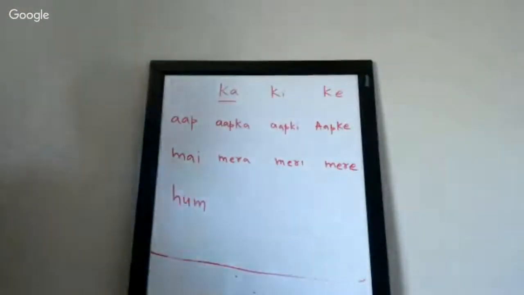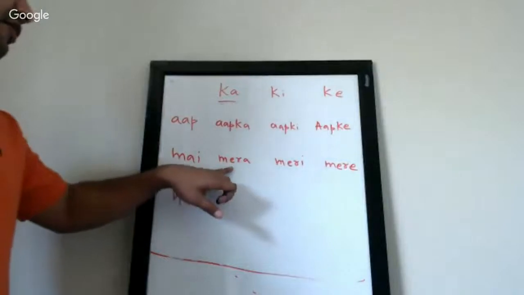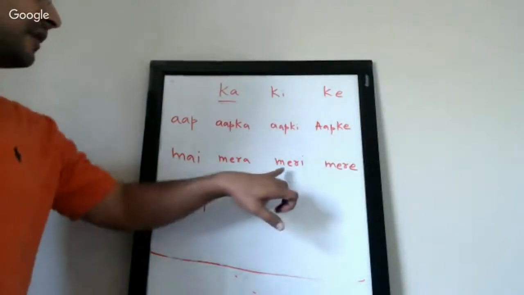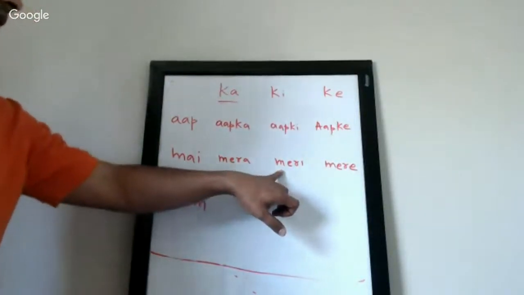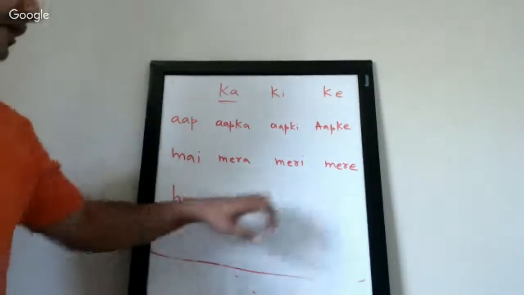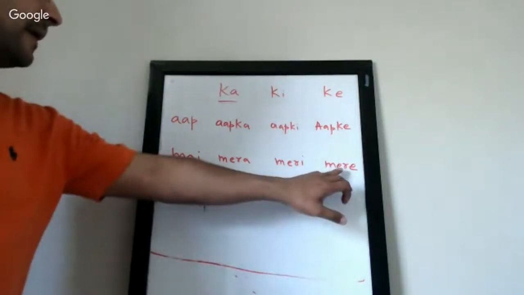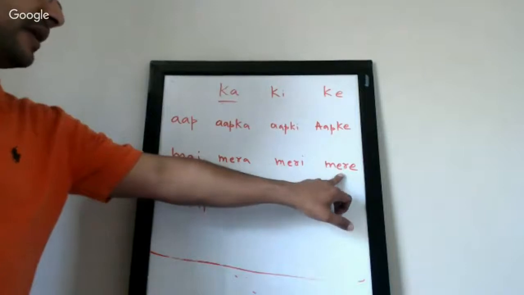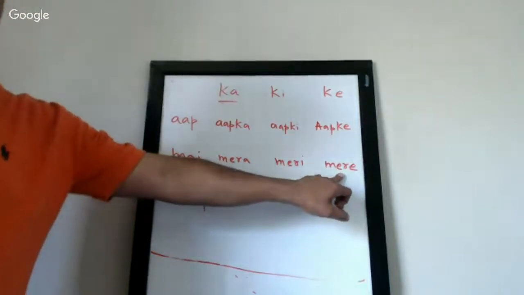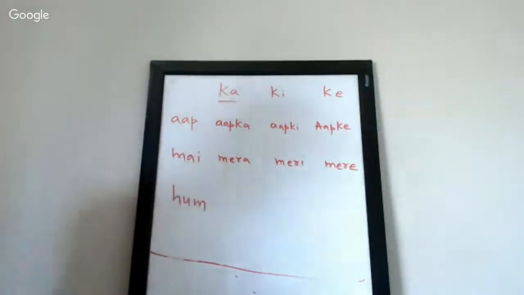You can simply say mera bhai, my brother, meri sister, my sister, and mere parents, my parents, or mere bhai behan, my brothers and sisters, or my siblings.